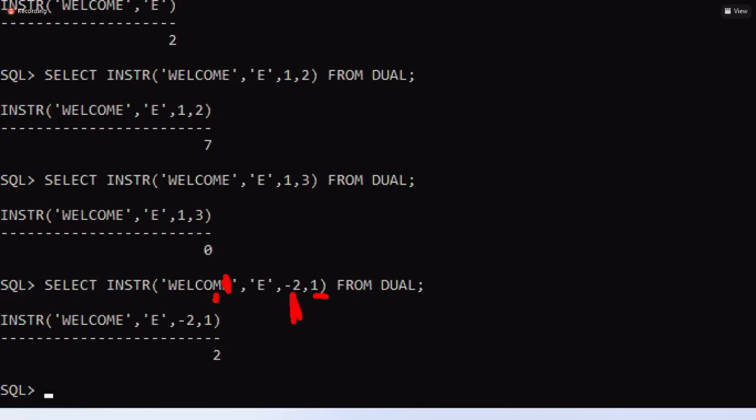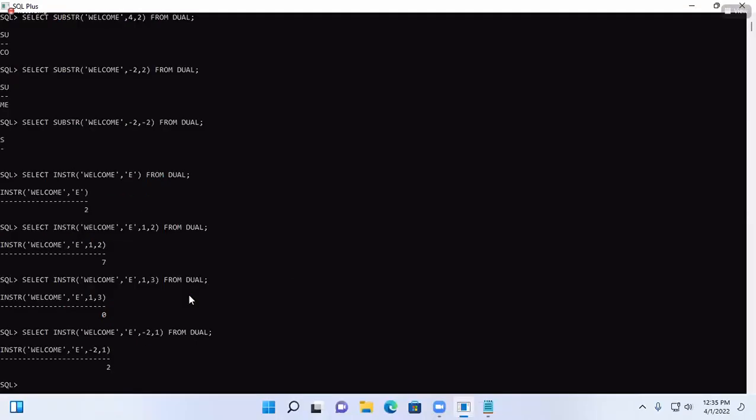My starting is -2, which is M. From M onwards, how many E's are there? Only one. That is the first occurrence. The E position is 2 on the right side. I said positions are fixed. Your doubt will be cleared.